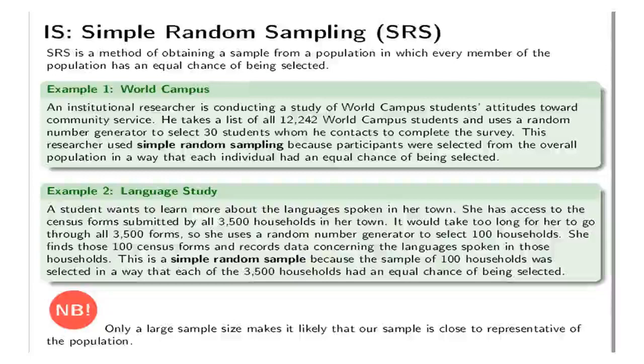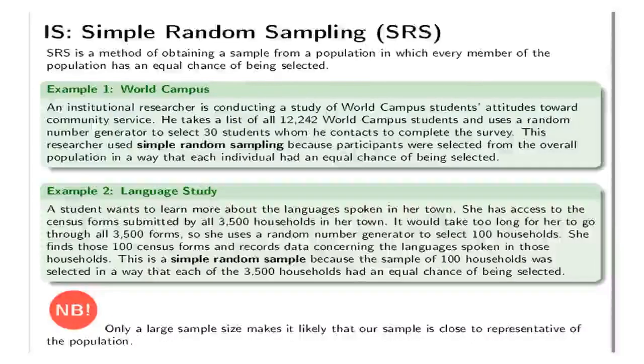So in the first example, you have 12,242 World Campus students. That's your population. And the sample size determined prior to the survey was 30.